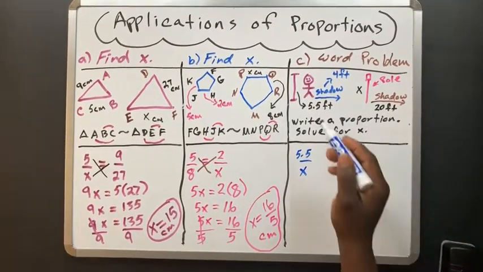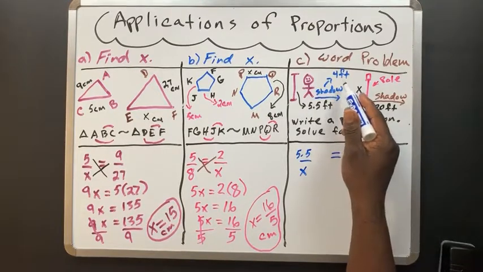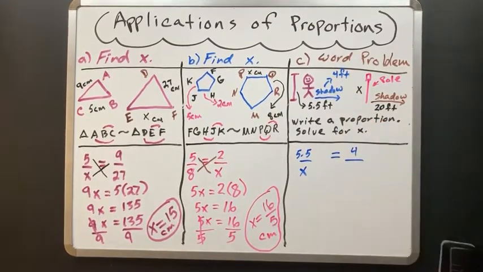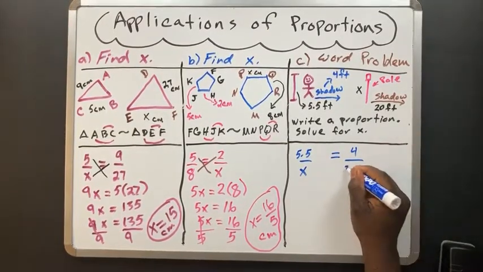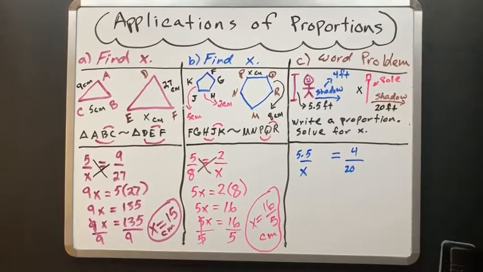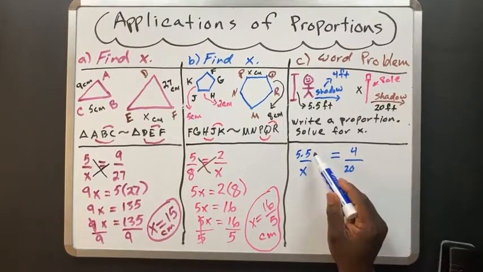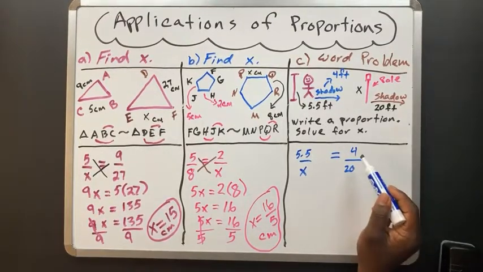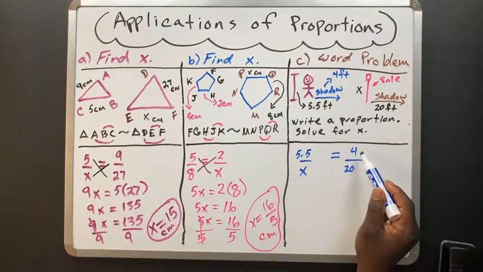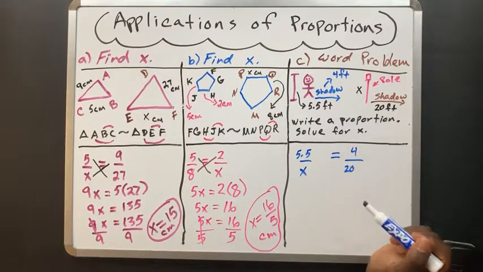Now let's go back to the length of the shadow of the person, which is 4 feet. And the length of the shadow of the pole is 20 feet. There it is. That's the proportion. We went from person to pole, from height to height, and then from shadow to shadow.